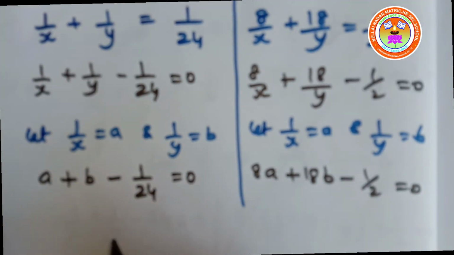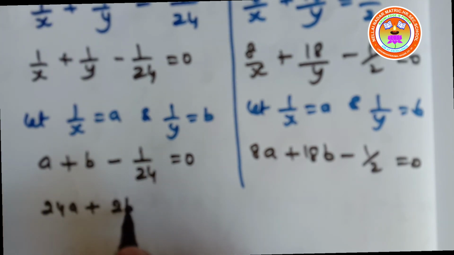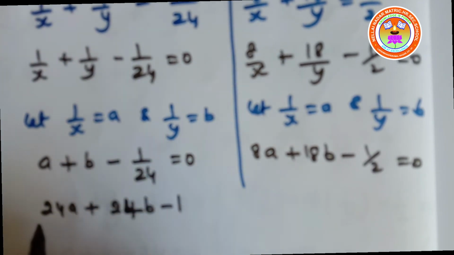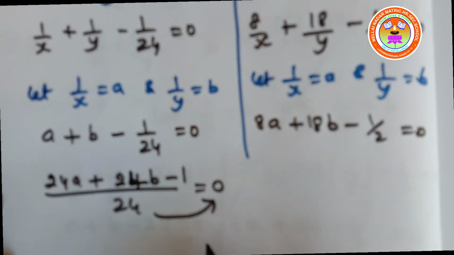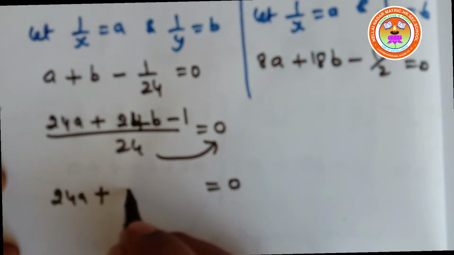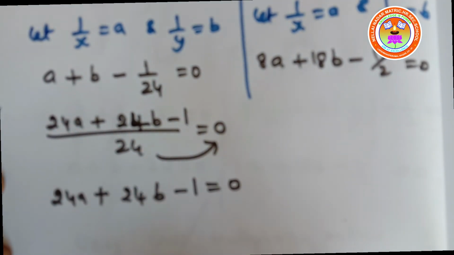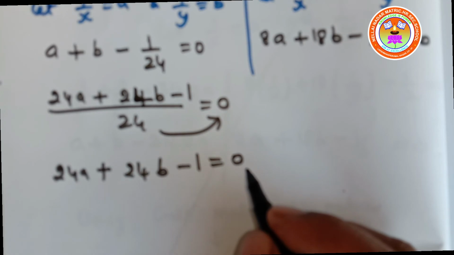So taking LCM, children, 24a plus 24b minus 1 divided by 24 equal to 0. 24 into 0 is 0. So 24a plus 24b minus 1 equal to 0. It's clear, children? You consider this as an equation.